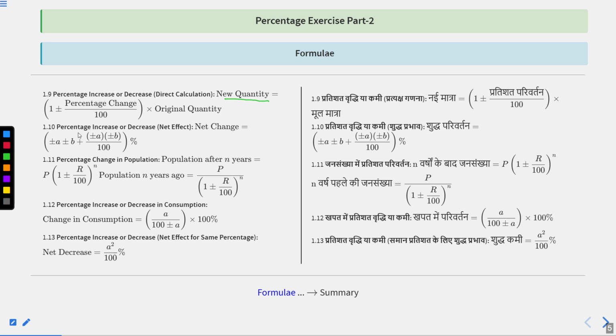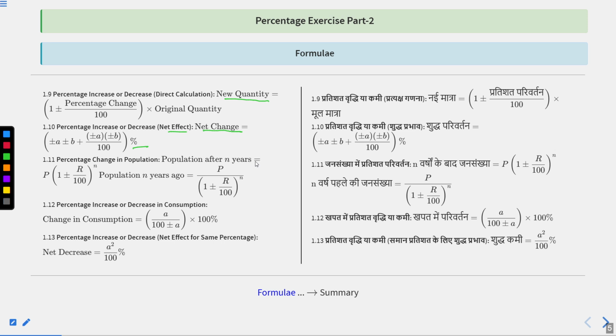In the next formula, percentage increase or decrease, net effect or net change. How do we calculate net change? Plus or minus A, plus or minus B, plus or minus A multiplied by plus or minus B upon 100 percent. Again plus or minus shows the increase or decrease of the percentage. Next is percentage change in population.